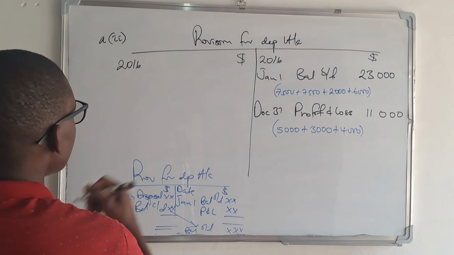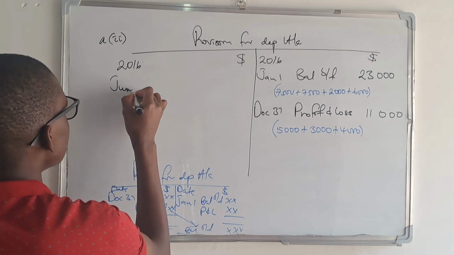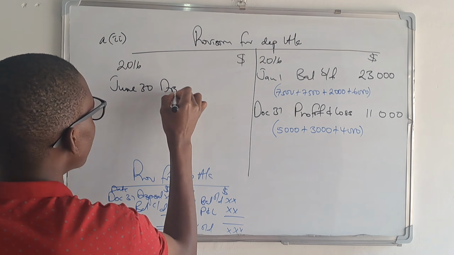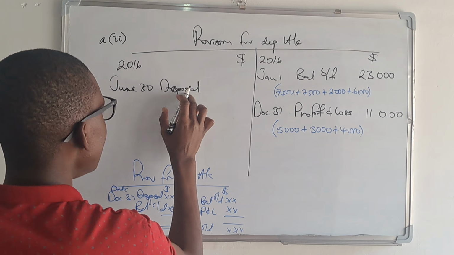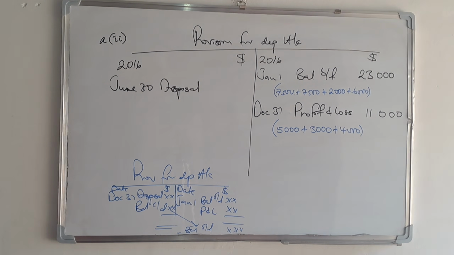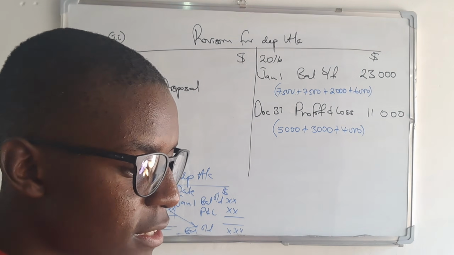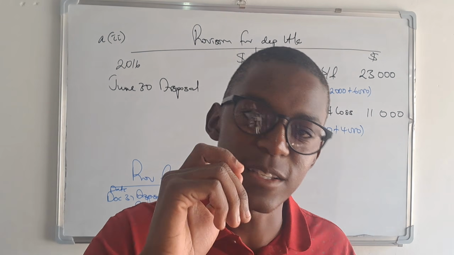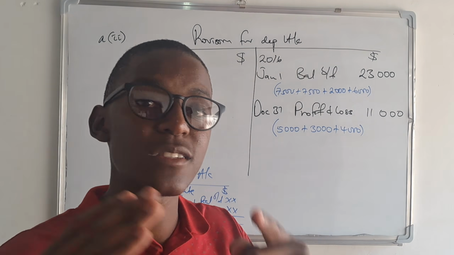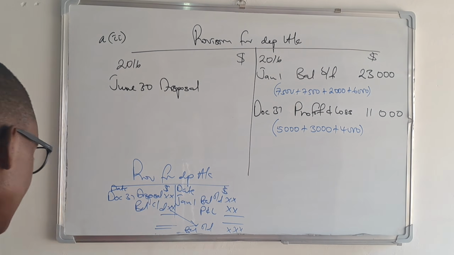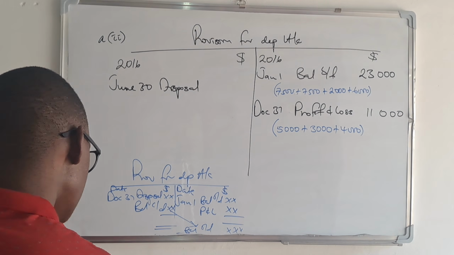Okay, let's look at the 2016 June 30 disposal. Remember, in this scenario, we are going to take a look at the asset which was traded in or disposed. The asset which was disposed is AAI8600.